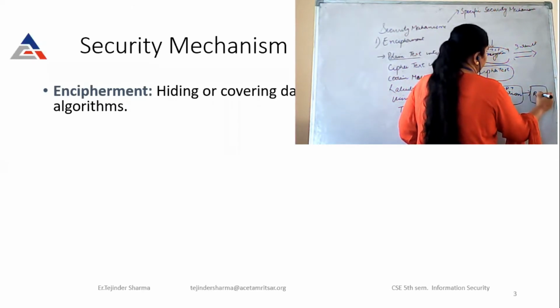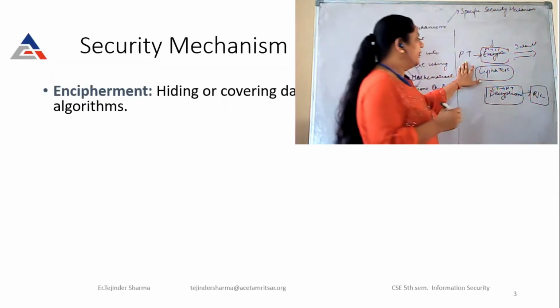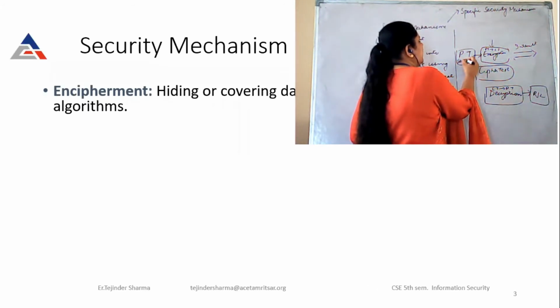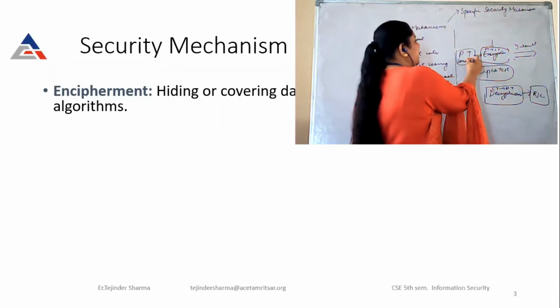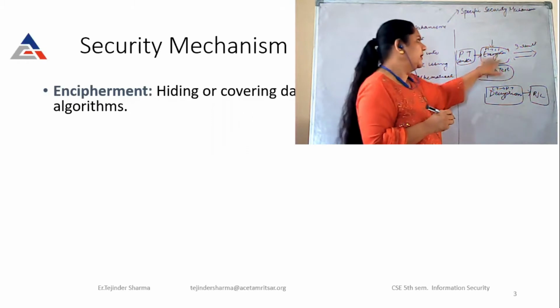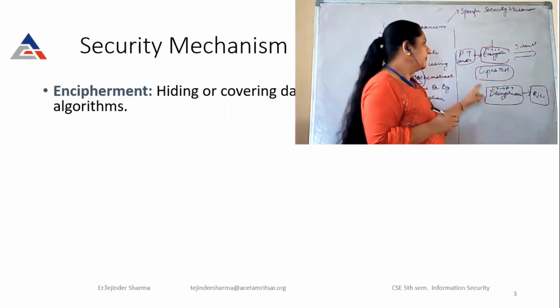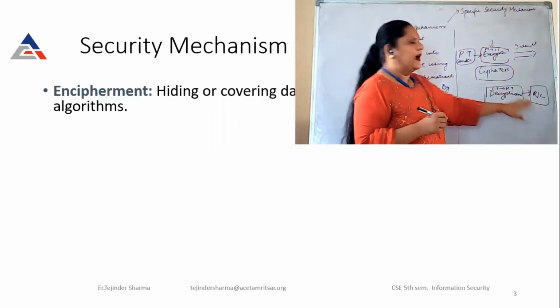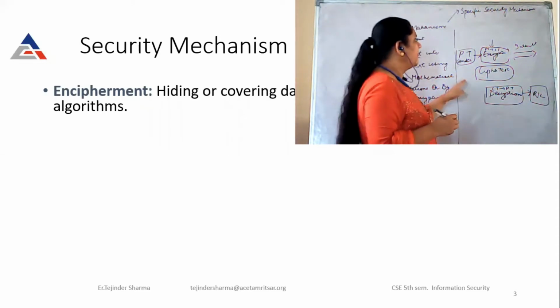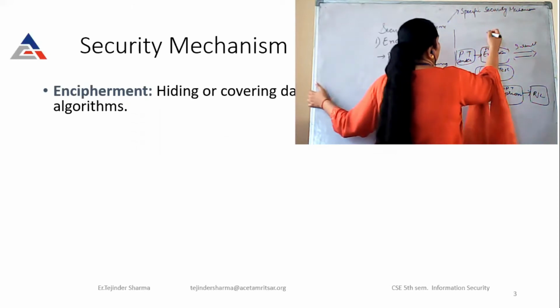So the sender sends the plain text to encryption, the text is encrypted, it is transmitted over the internet, then it is decrypted and read by the receiver.